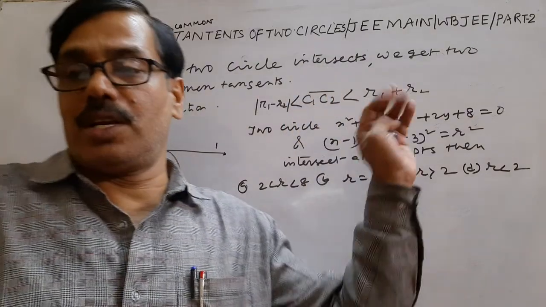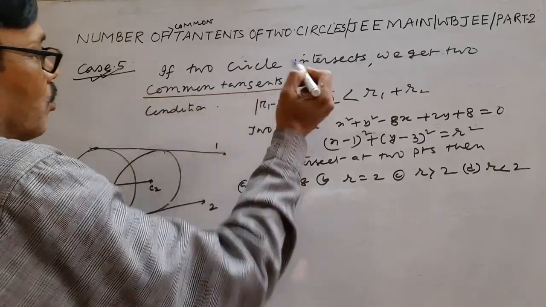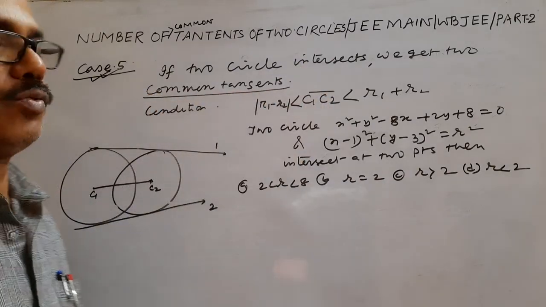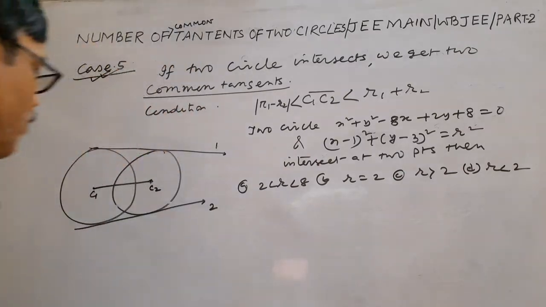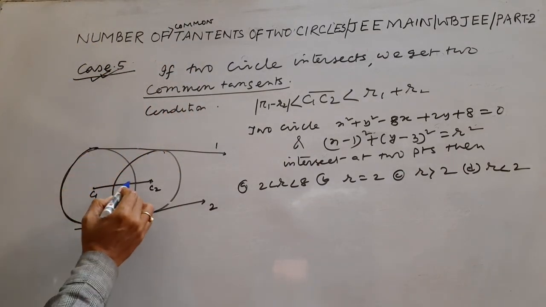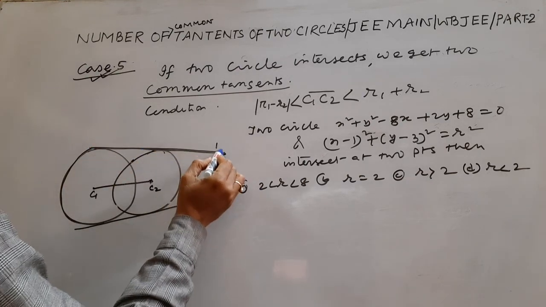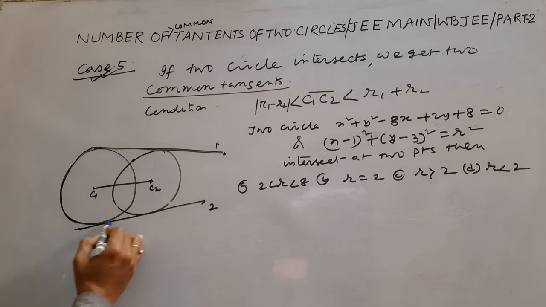If two circles intersect, we get two common tangents. So look, two circles intersect. So this is one common tangent and this is another, so two direct common tangents.